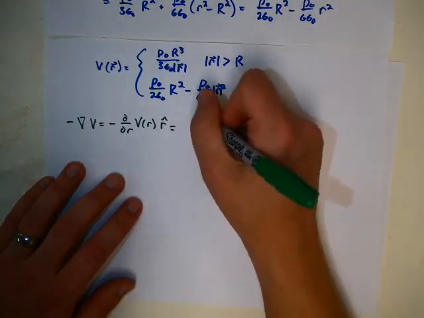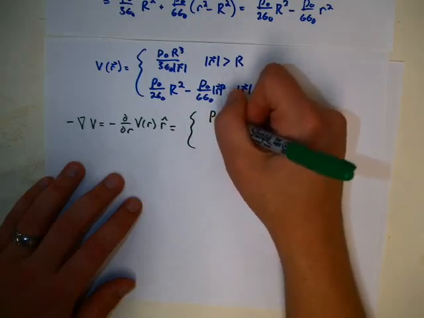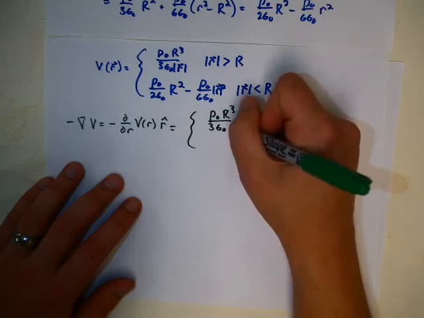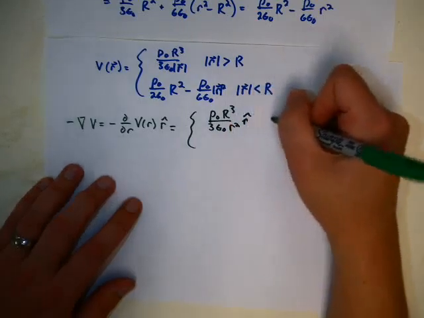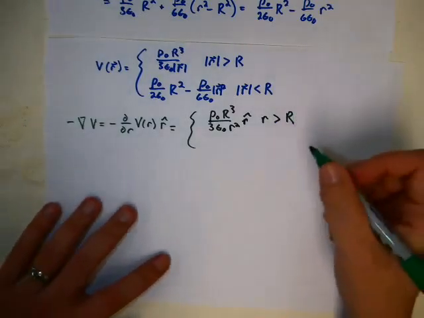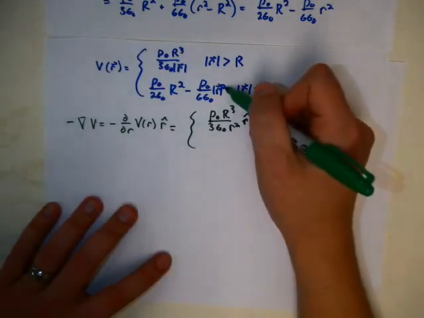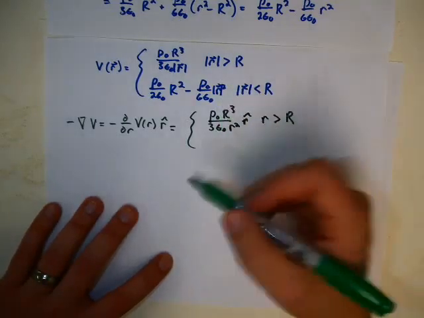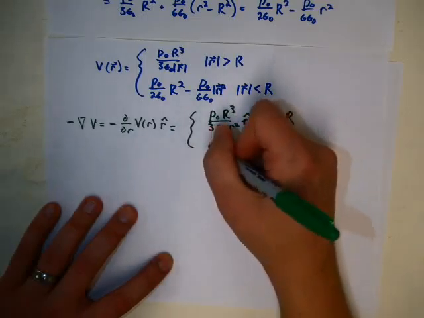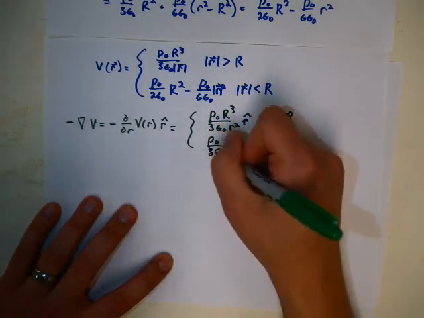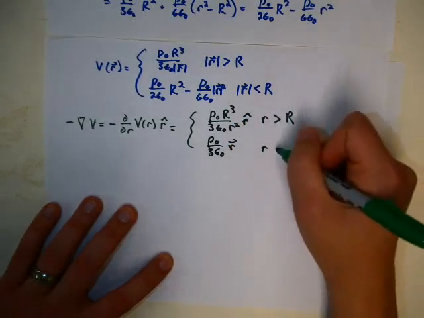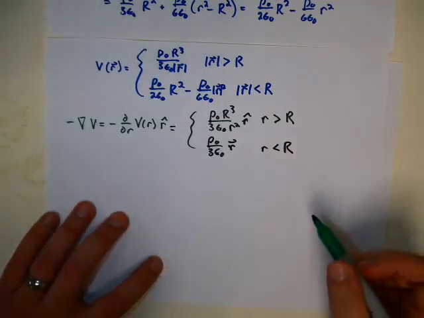And so for part of this, we're going to have rho naught R cubed over 3 epsilon naught r squared r hat, and this is for r greater than R. And for the other region, it'll only be this term, so the derivative of r squared is, of course, 2r. The minus will cancel with that minus, so this will be rho naught over 3 epsilon naught r vector. And this is for r less than R.